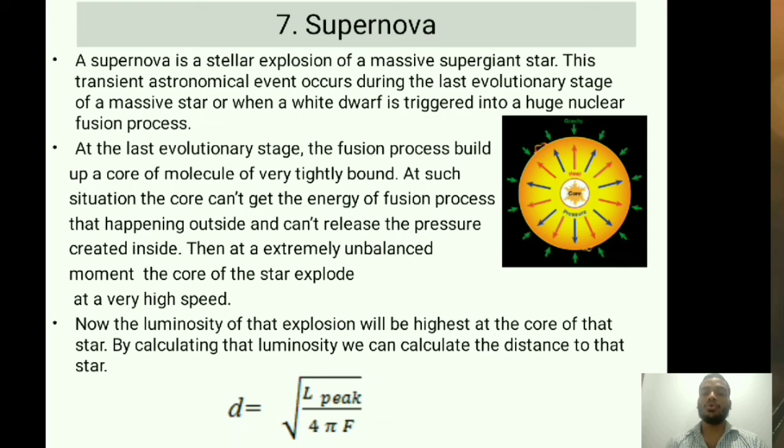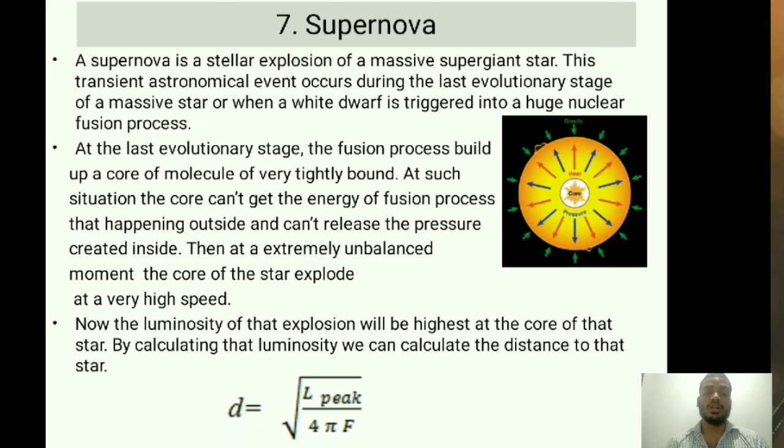So in this extremely unbalanced condition, the core of the star explodes, and that explosion has very high luminosity. By calculating the peak luminosity of such an explosion, we can calculate the distance to the star by the relation d is equal to root over L peak by 4 pi F, where L peak is the luminosity of the star at the time of explosion.